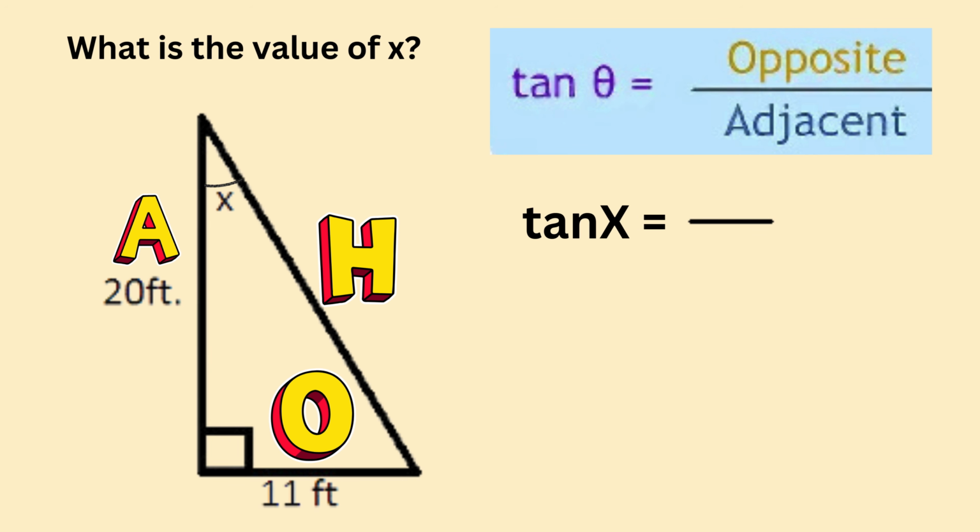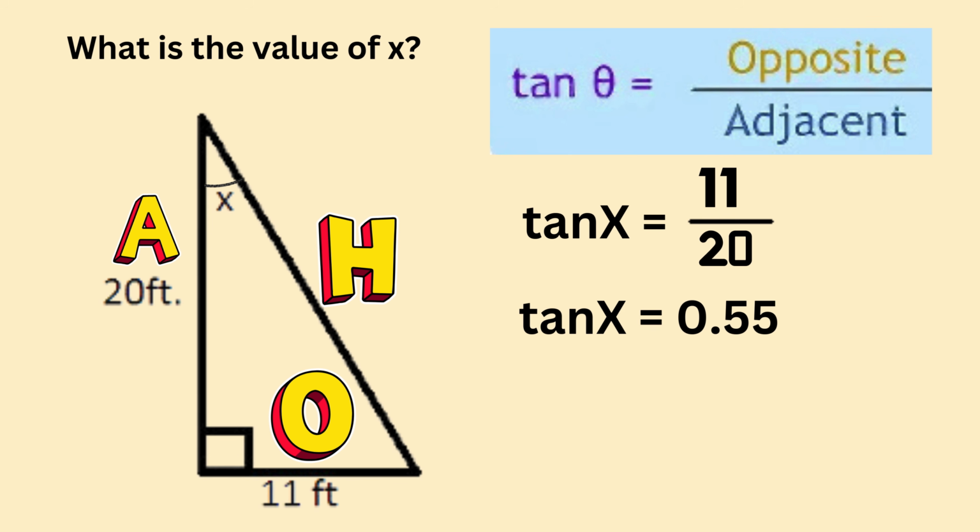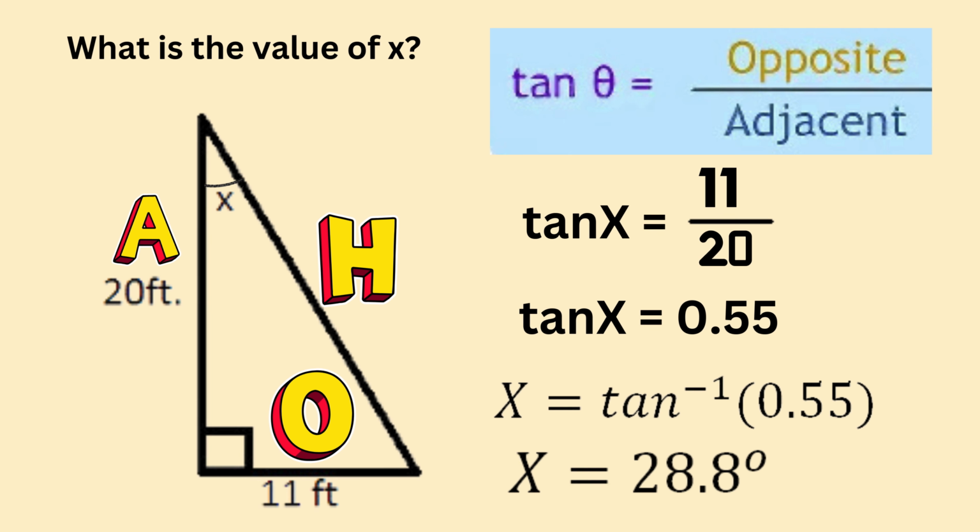The angle theta is X, O is 11, and A is 20. Hence tan X equals 11 divided by 20, which is 0.55. To find the angle X, we calculate tan inverse 0.55, which is 28.8 degrees. To do this on your calculator, press Shift, then tan, then 0.55, then the equal sign.